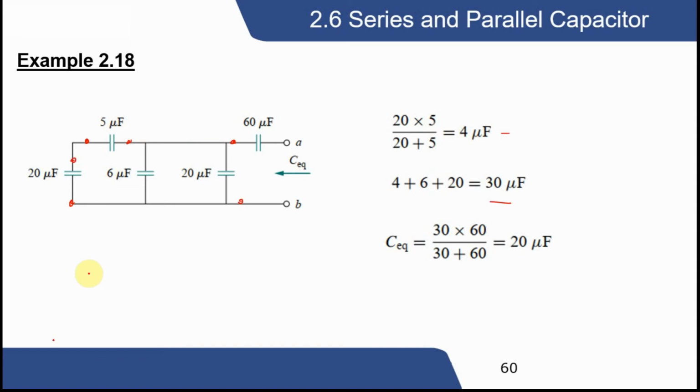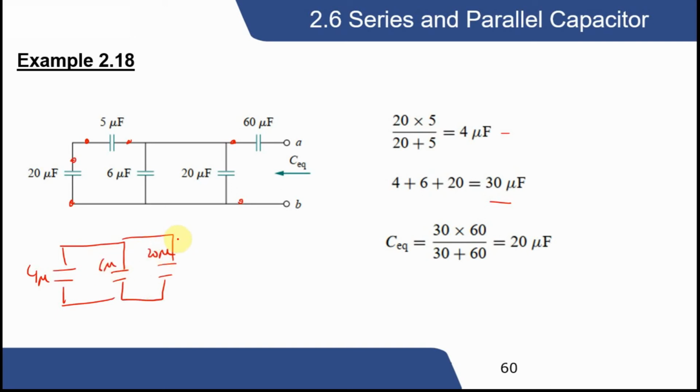So what is the way to do it? I'll make a diagram again so it is easy for you to understand. I make the equivalent of 20 and 5, which is 4 micro. So we have 3 parallel capacitors: 4 micro, 6 micro, and 20 micro.